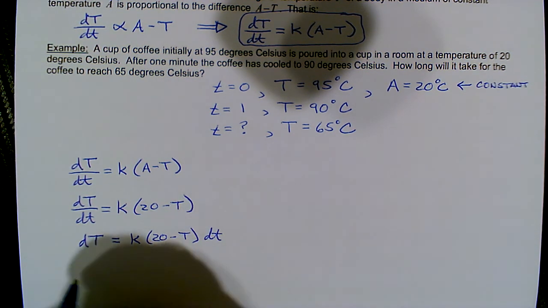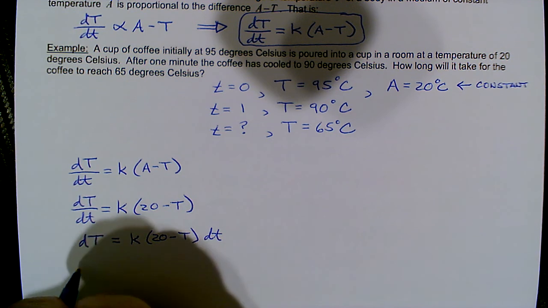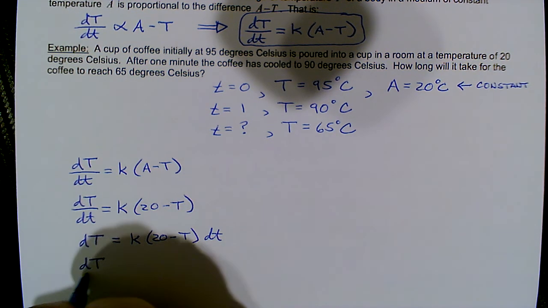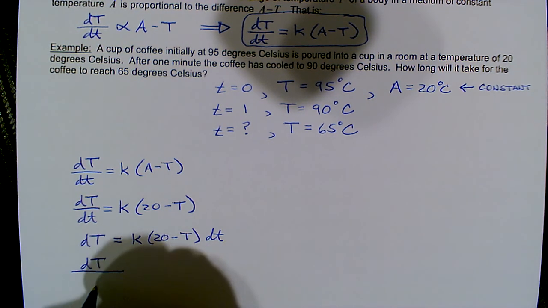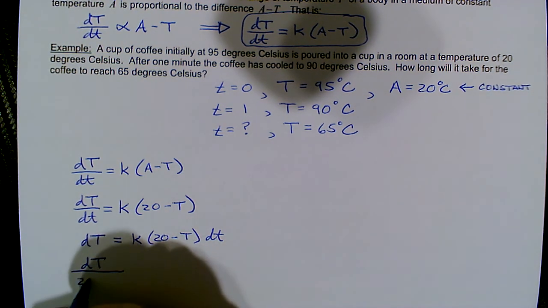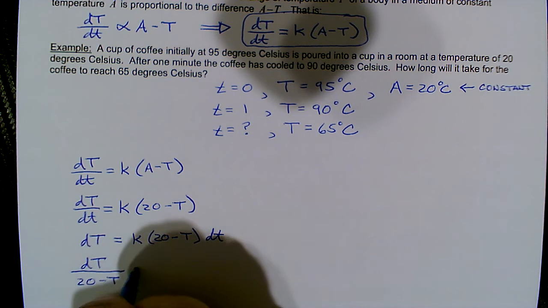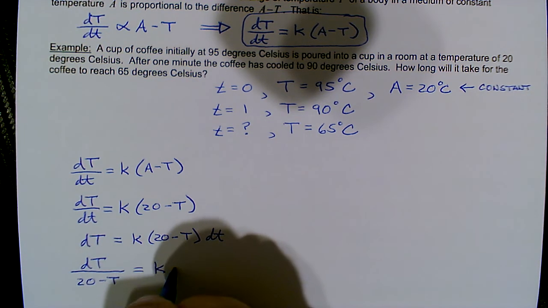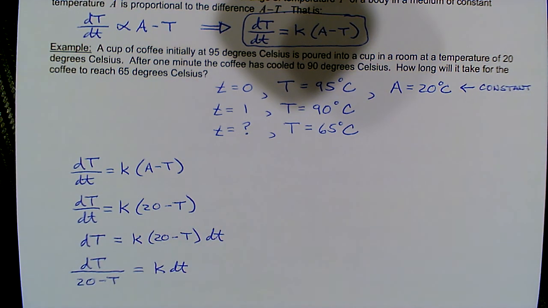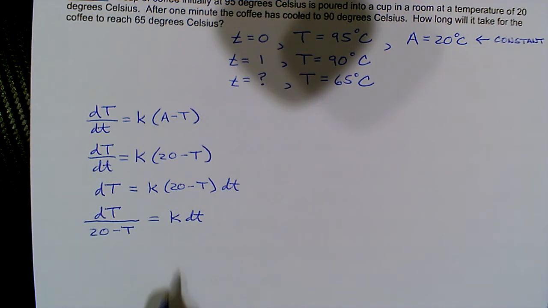Dividing both sides by 20 minus T, we get the differential of the temperature over 20 minus T equal to k times the differential dt. Now k is a constant, so the variables are separated.